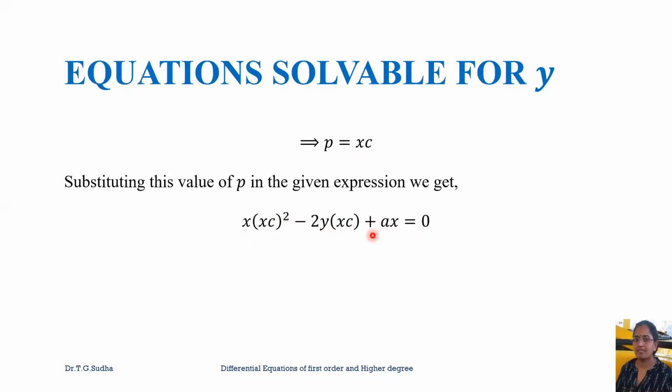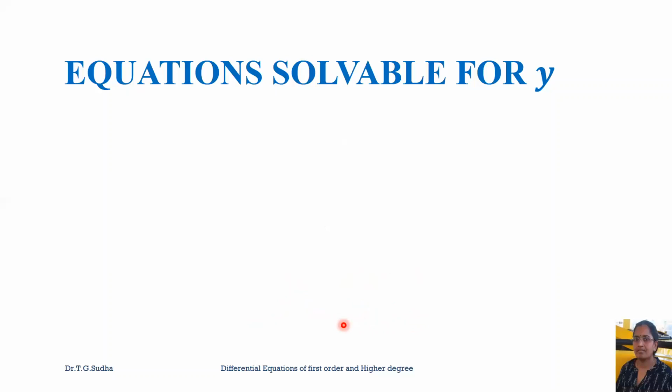Simplifying, we get x cube c square minus 2y xc plus ax equal to 0. Here one can remove x throughout and we get x square c square minus 2yc plus a equal to 0. And this is the solution to the given differential equation.